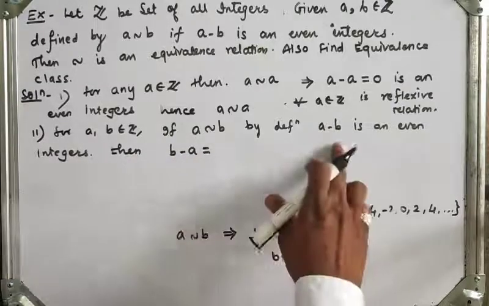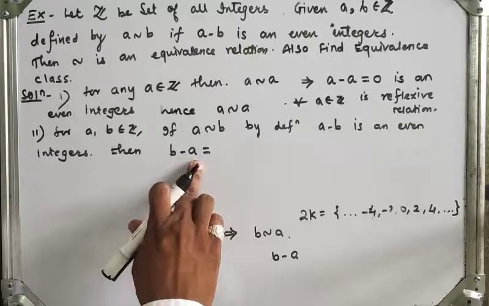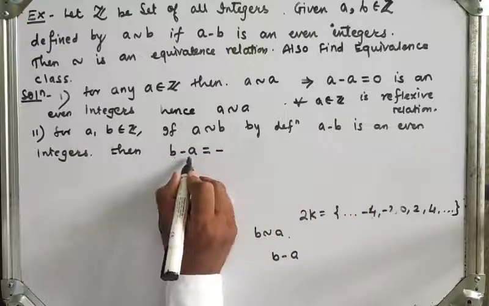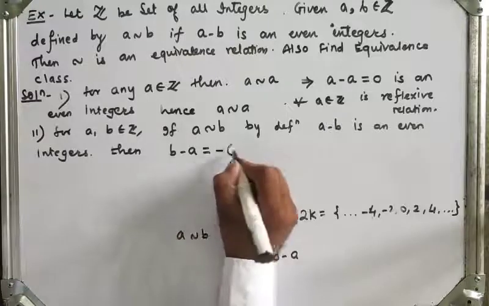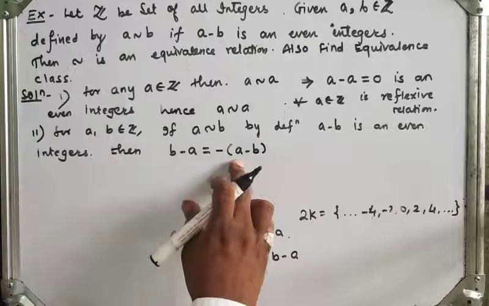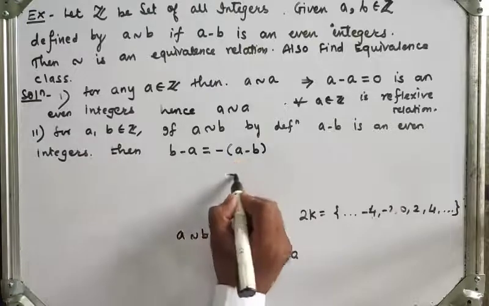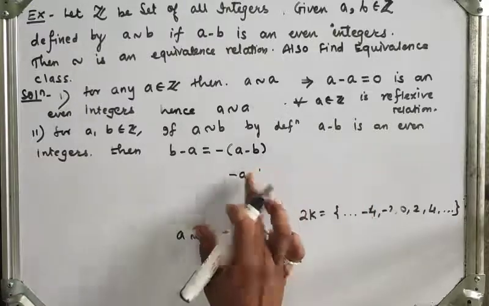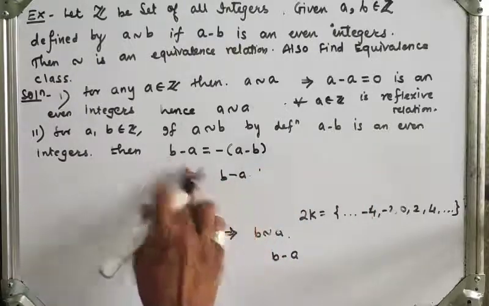I write B minus A in terms of A minus B. B minus A can be written as minus of A minus B, because if I apply the minus sign in the bracket, I get minus A plus B, which means B minus A. So this is the same.